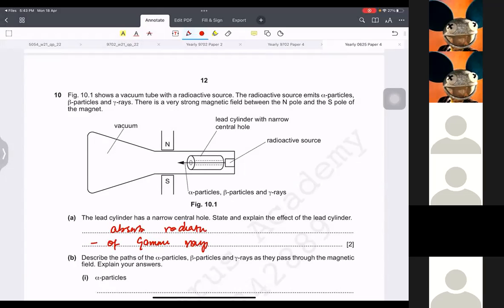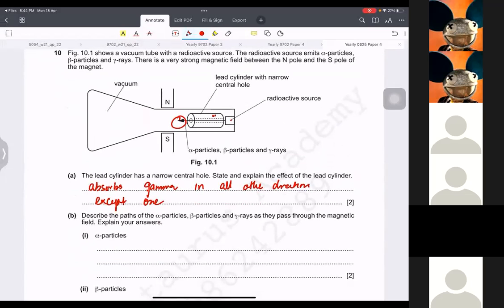Wait a second, let me think. There's a radioactive source, there's lead. So it absorbs gamma rays in all other directions except one, which is this one.